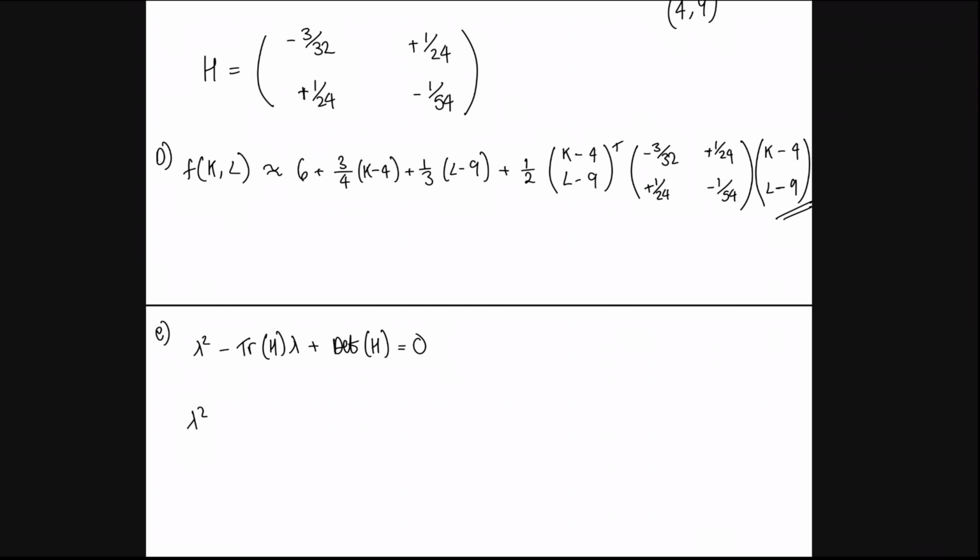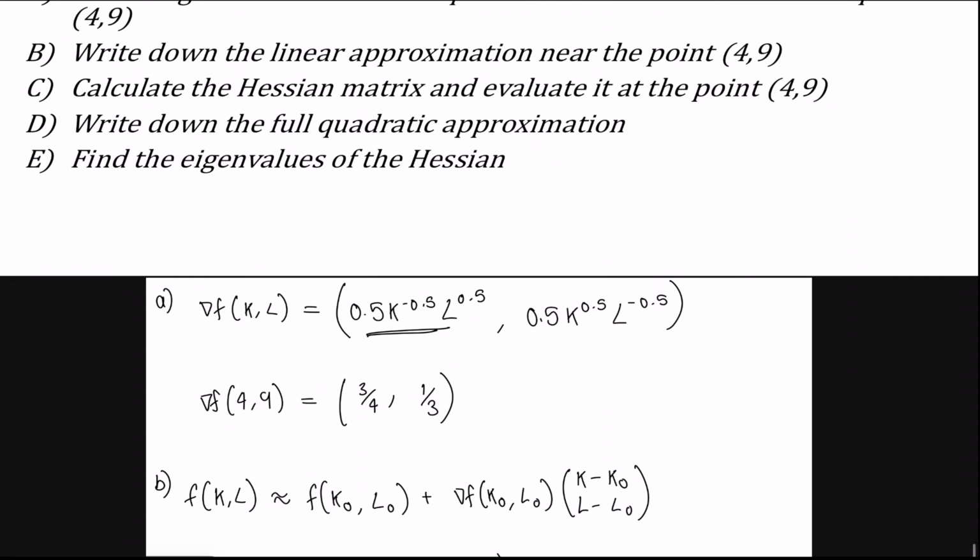So the trace of the matrix is just adding up the elements in the diagonal, which gives us 97/864, plus the determinant of the matrix, which is just 0. So we get lambda is equal to 0, and lambda is equal to −97/864, apparently. So yeah, that is that question.